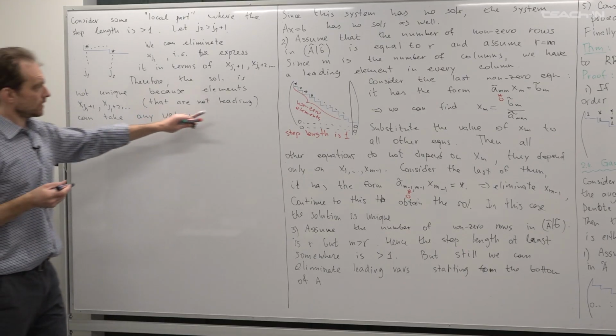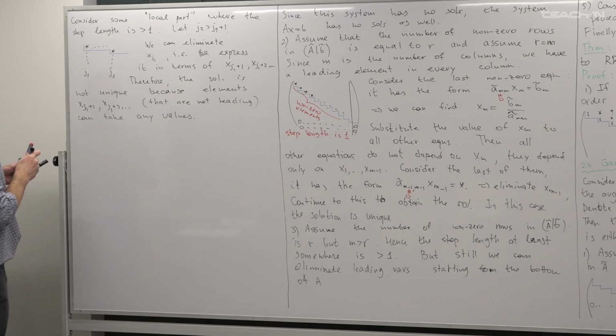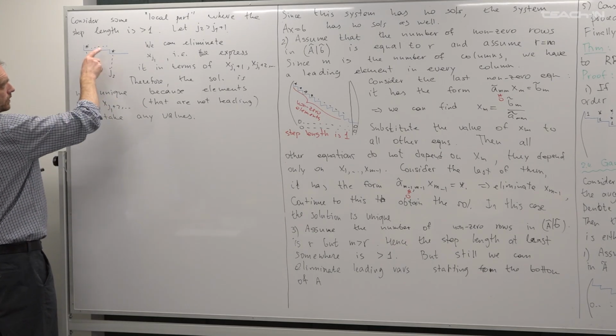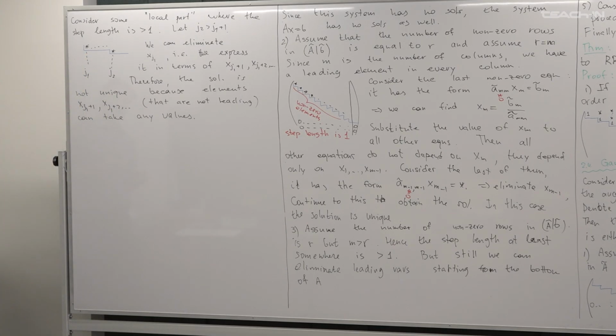To tell the truth, I did not yet define the leading variable, but I mean the variables that do not correspond to leading elements of the matrices of our matrix.